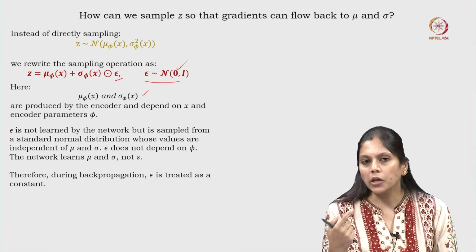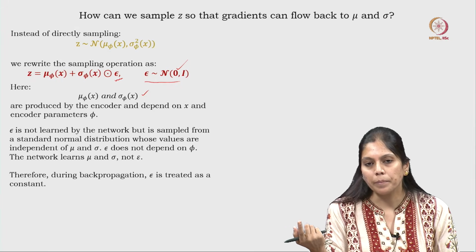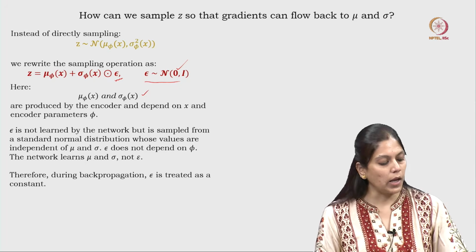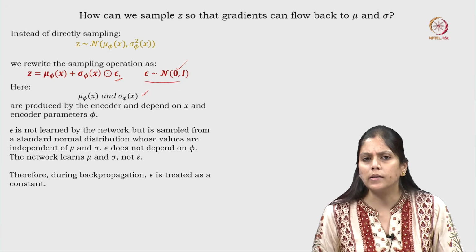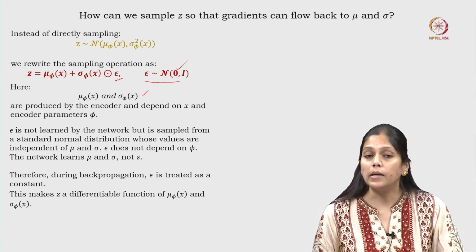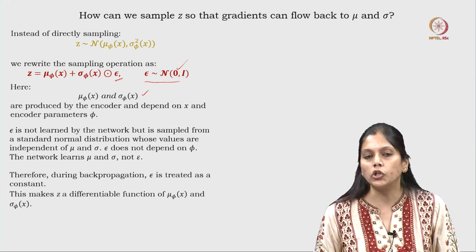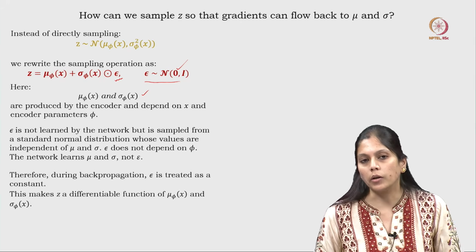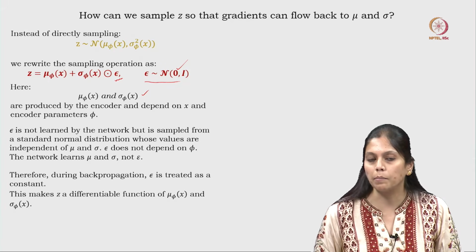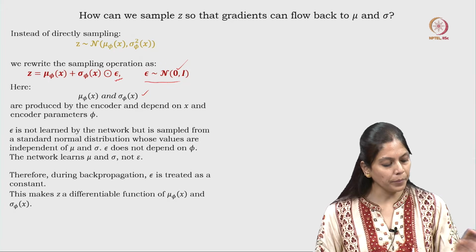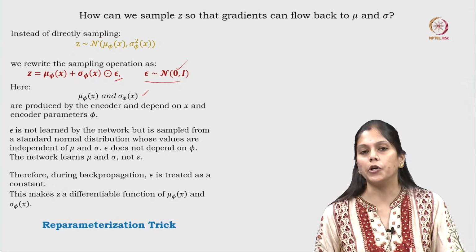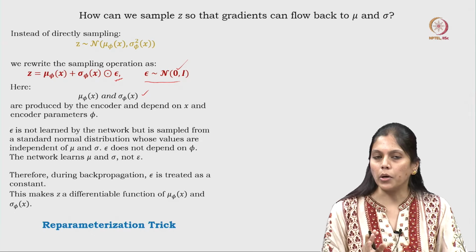During backpropagation, can we assume this to be a constant? Right? Yes. So, therefore, whatever z that we have written, z is now a differentiable function with respect to the two parameters, mean and sigma or standard deviation. This is the reparameterization trick, one of the most important concepts.